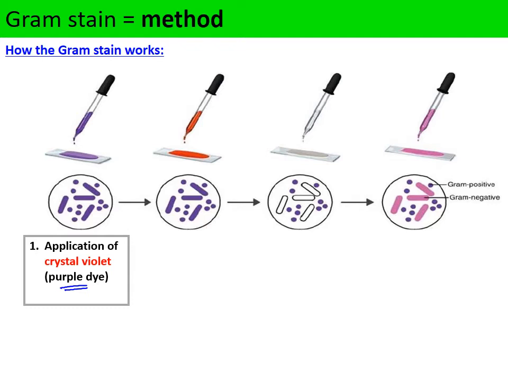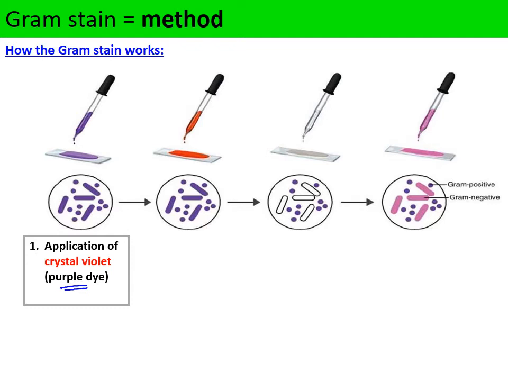And this dye actually does bind to the outside of both gram-positive and gram-negative bacteria. So at this point, the crystal violet is actually going to be loosely bound to both species of bacteria, whether they be gram-positive or gram-negative.